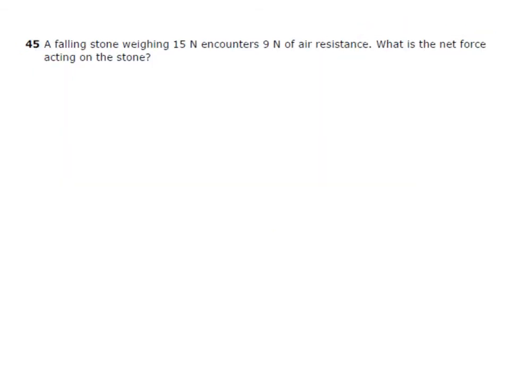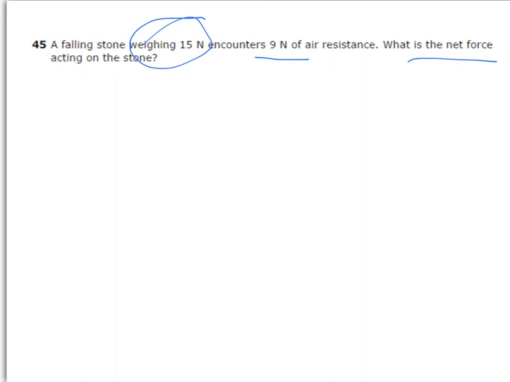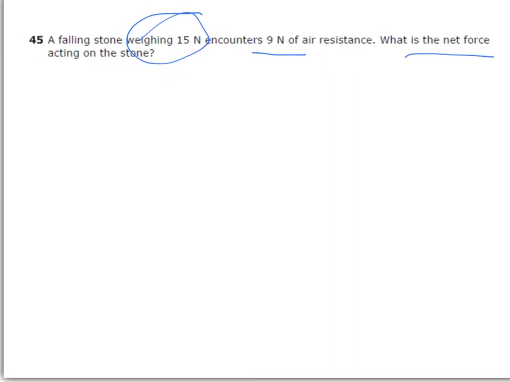A falling stone weighing 15 newtons encounters 9 newtons of air resistance. What is the net force acting on the stone? So let's go on and draw this like a free body diagram. We've got 15 newtons down, and then we have 9 newtons up. So we have to subtract these two.